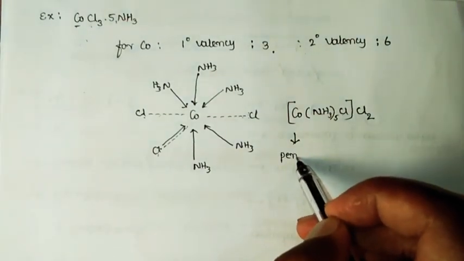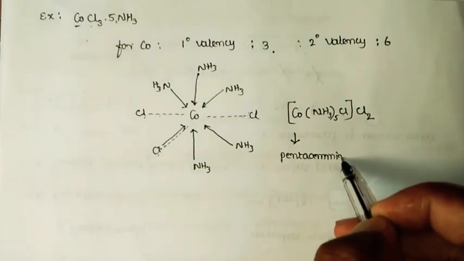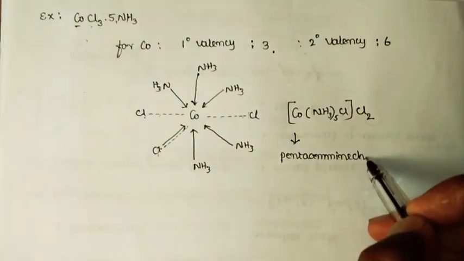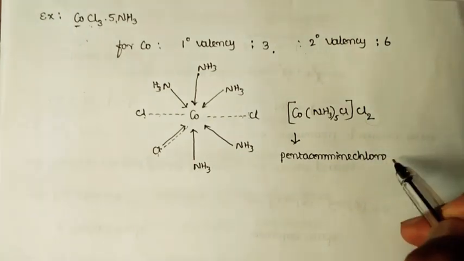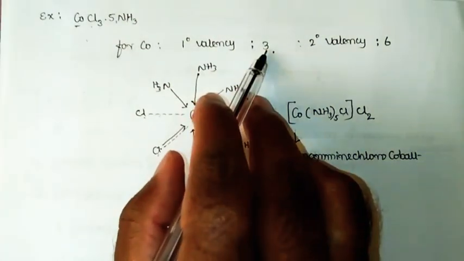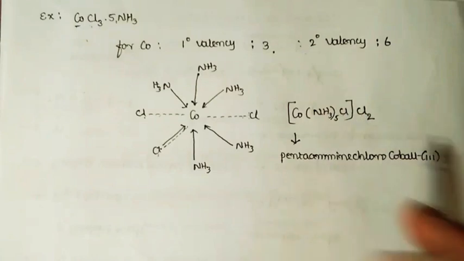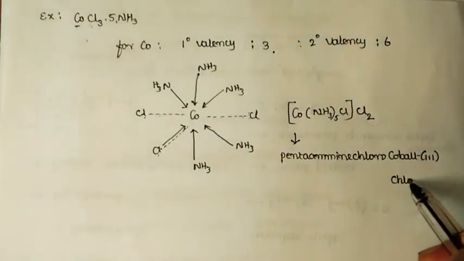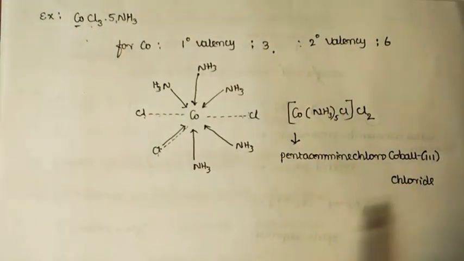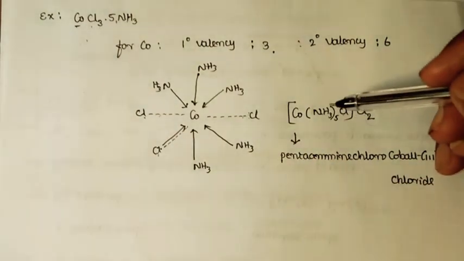So pentaammine, chloro, and the central metal ion is cobalt with primary valency, that is oxidation state, 3, and the ionic sphere is chloride. That is the IUPAC name of this complex compound.